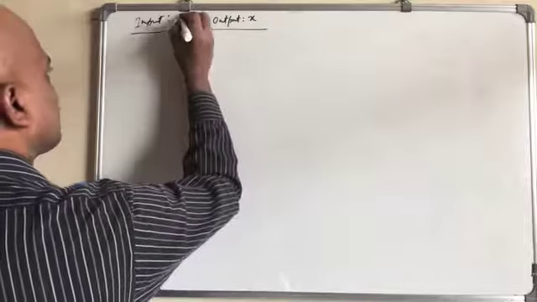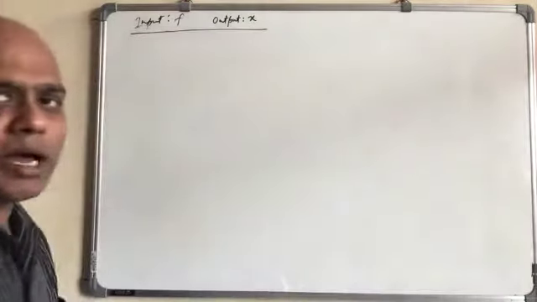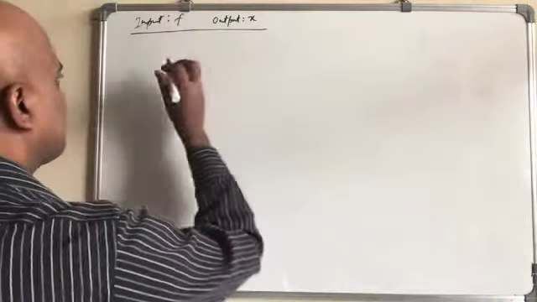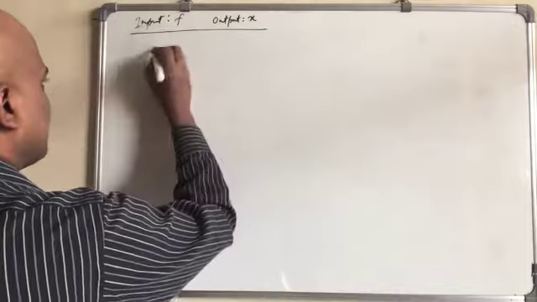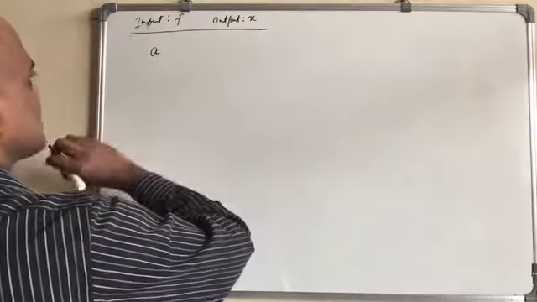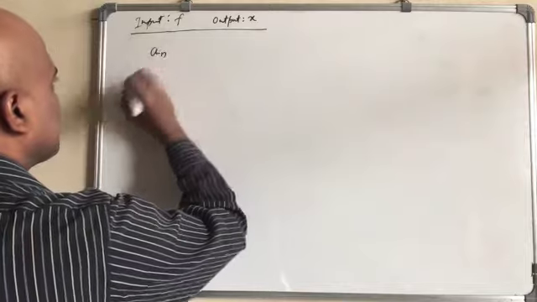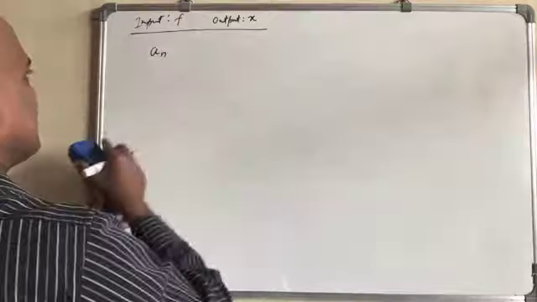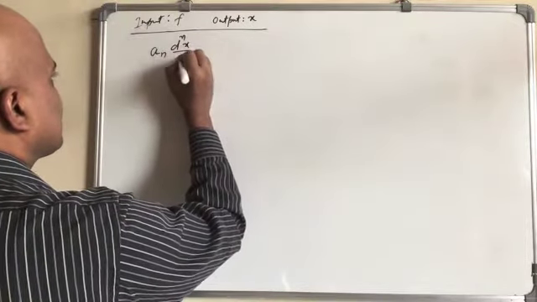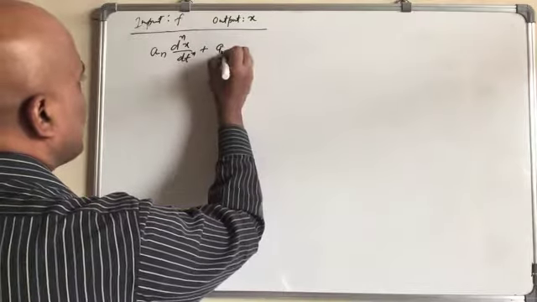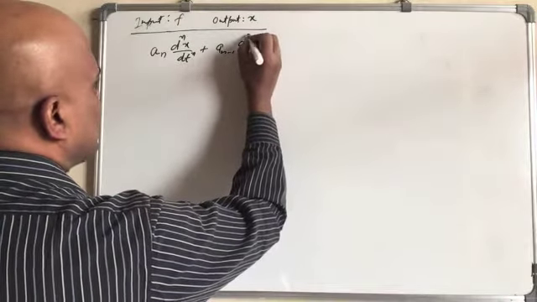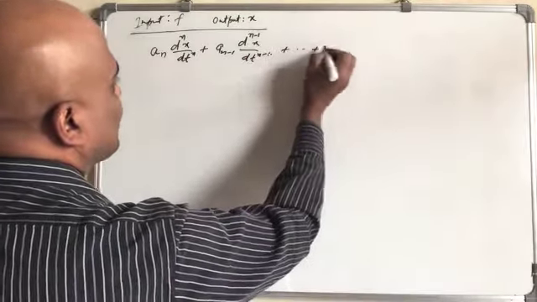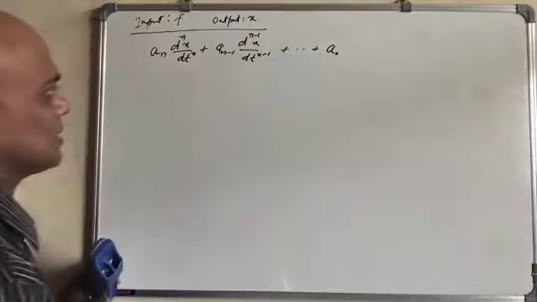Now the input is force and the output is x. Now I'm writing the general terms, so we can write something like this: a n d n x dt n plus a n minus 1 d n minus 1 x dt n minus 1, and so on till a0, let us say.